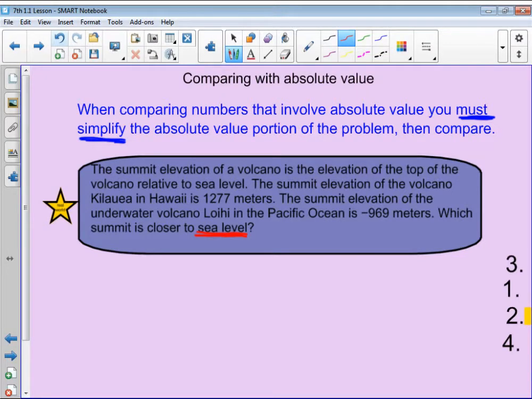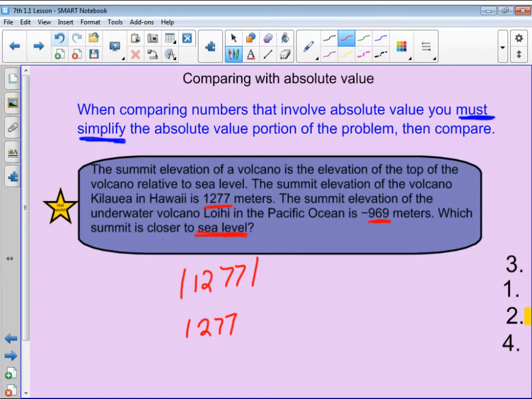So really the absolute value of them. So if I had the number 1277, the absolute value of that is still going to be the same thing, 1277. Because they don't want us to compare the negative to the positive number. They want to know which of these two numbers is closer to zero, closer to that sea level mark.